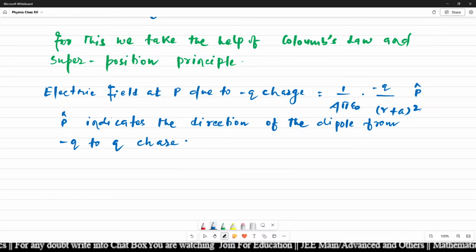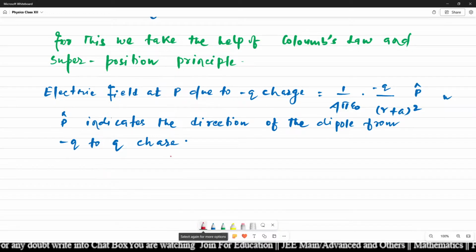There is no problem to understand up to this step. Similarly, we find out the electric field at P due to plus q charge.